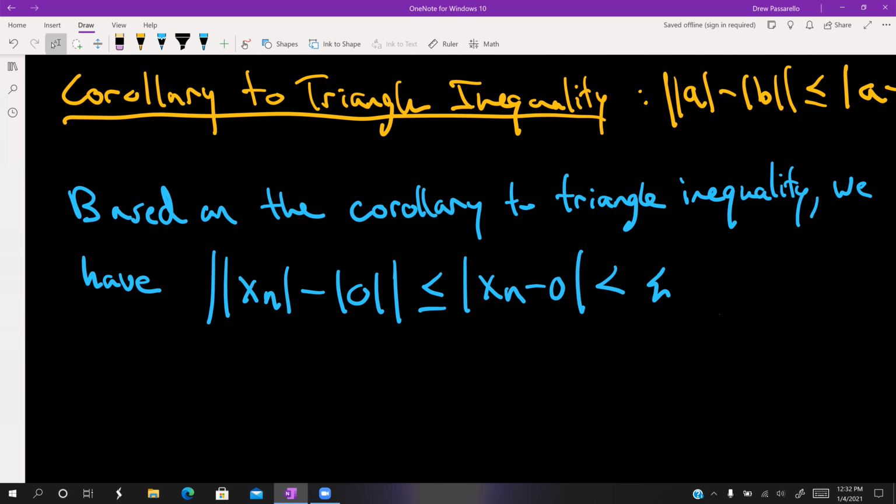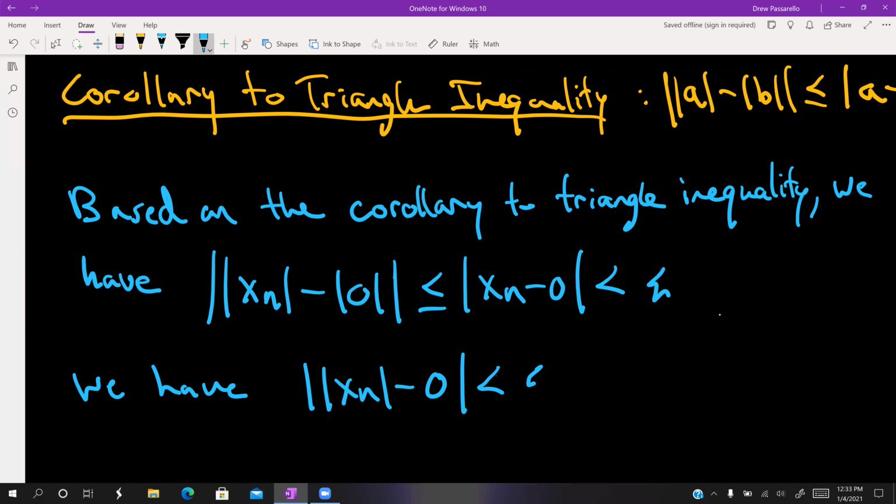So using this same N that guaranteed the convergence, we have the absolute value of xn minus 0 is less than epsilon.